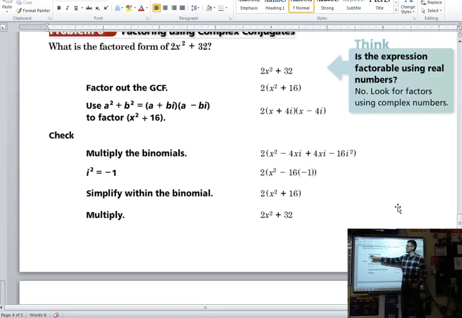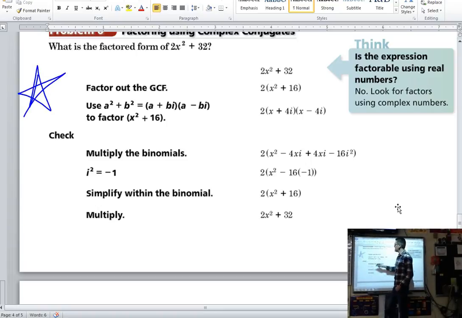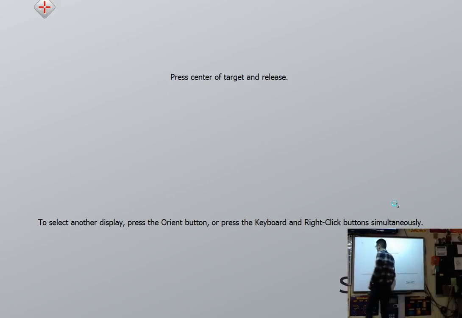So this little rule here, I mean, if you want to put a star or something, this just lets you know anytime I see that my b value is squared but it's positive, I can actually split it to its square roots by just using bi and negative bi. Okay. So it's a good rule to remember, but I don't know that you need to formally try to say I need to memorize this because as we do it, it should just make sense.